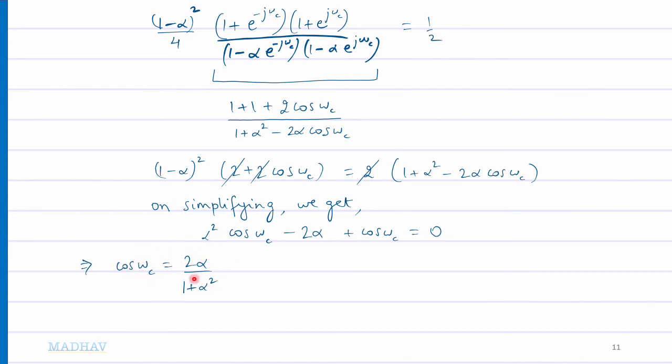Or given an omega c, how do I find an alpha? Given an alpha I can find omega c from here, but the other way around, when I'm designing, I know the specifications, what is my cutoff frequency, but I don't know my filter parameters. I want to find the value of alpha given omega c while designing the filter.